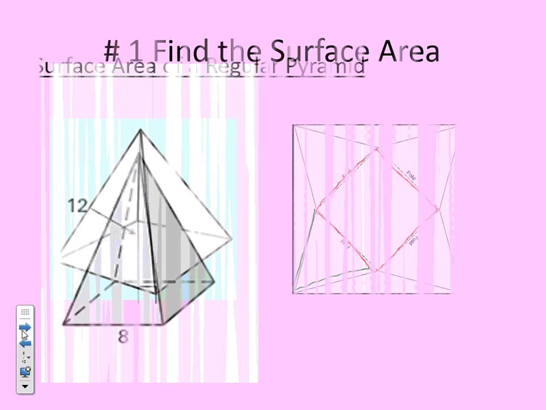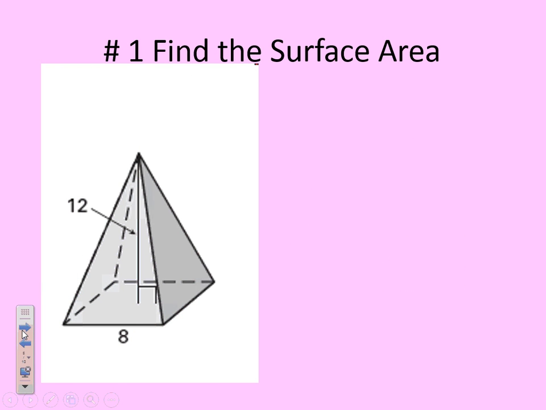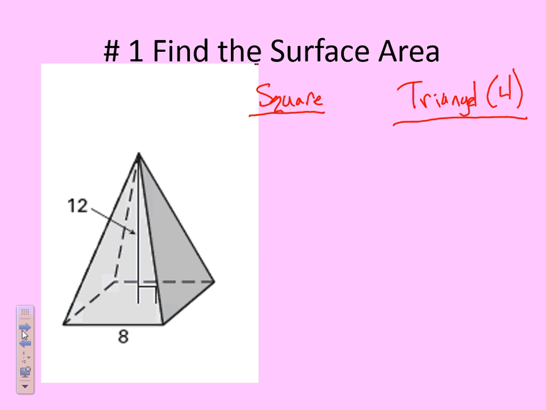Alright, we're going to have this example down in our notes. So you're going to want to draw this little 3D square pyramid. And in order to find the surface area of this, we need to find the surface area of our square and of our triangles. And when we're talking about our triangle, ladies and gentlemen, remember we're going to have 4 of them.